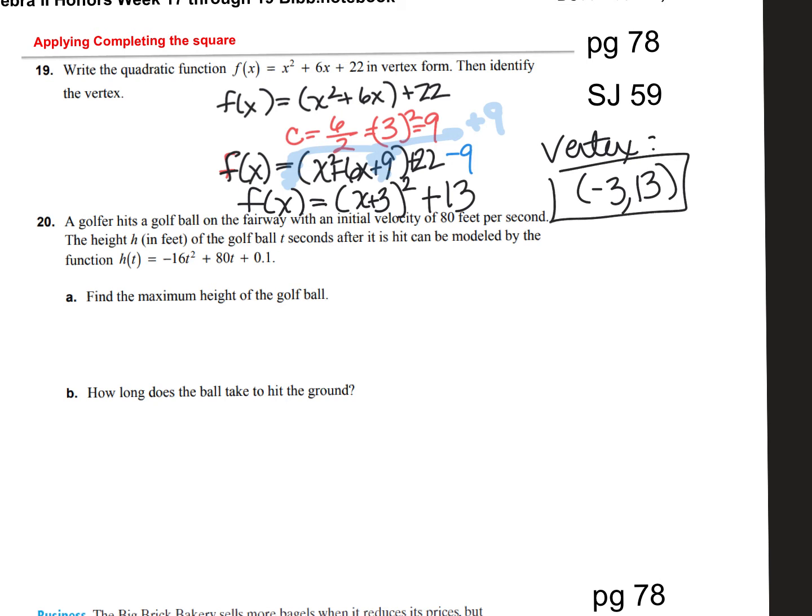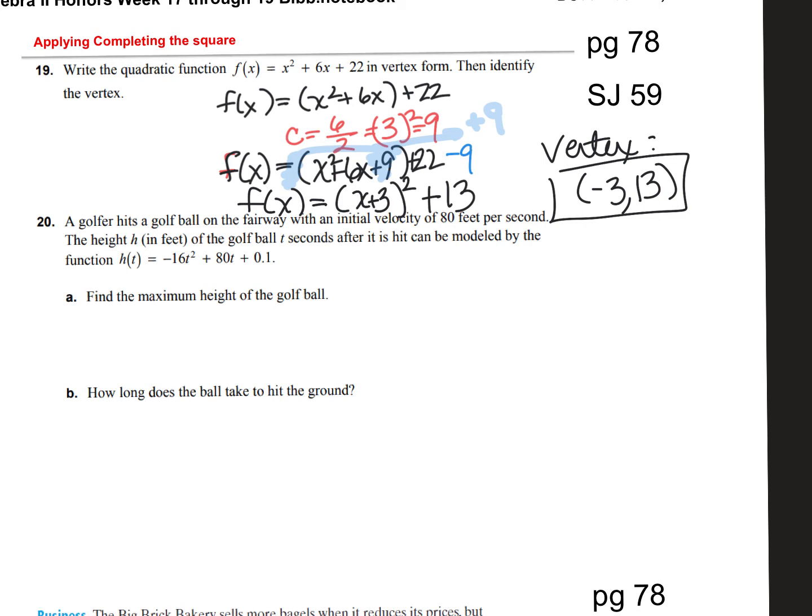Now moving on to number 20. A golfer hits a golf ball on the fairway with an initial velocity of 80 feet per second. The height h in feet of the golf ball, t seconds after it is hit, can be modeled by the function h of t equals negative 16t squared plus 80t plus 0.1. Now we could use x equals negative b over 2a. Remember, the maximum height would be the y-coordinate of the vertex, so we need to find the vertex.